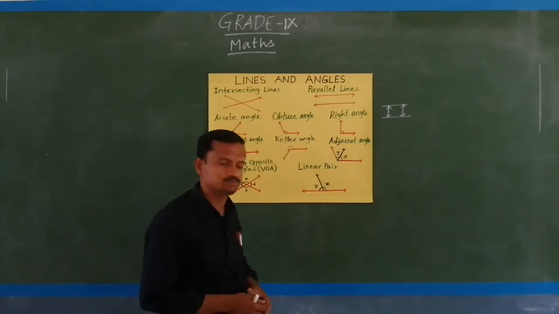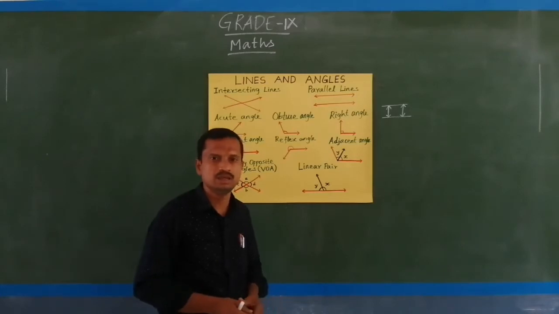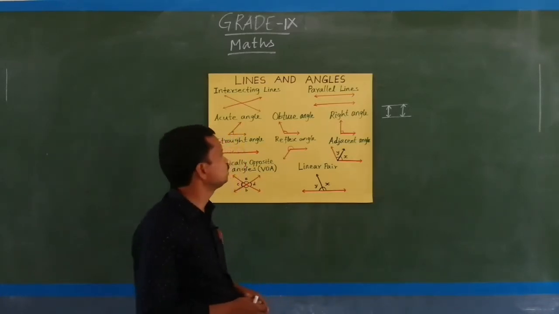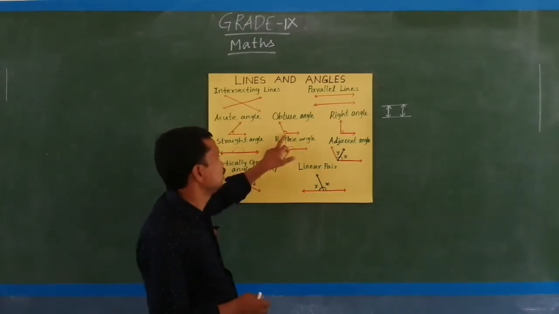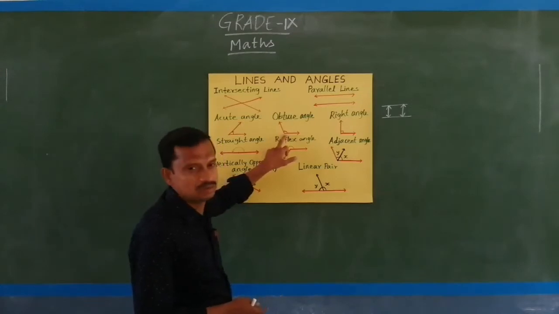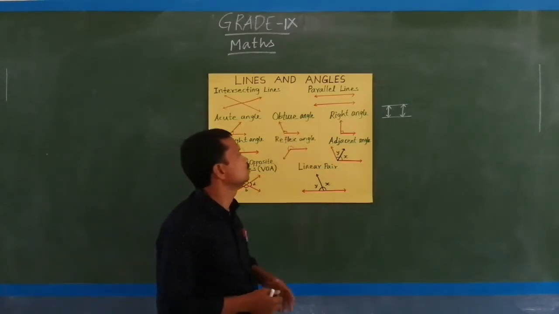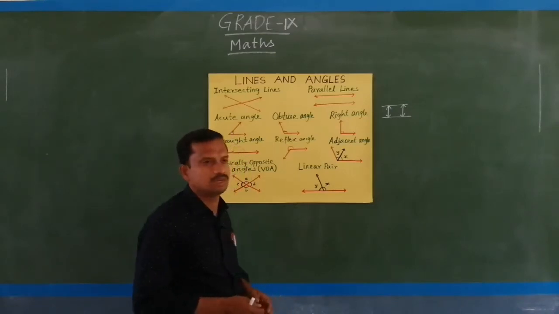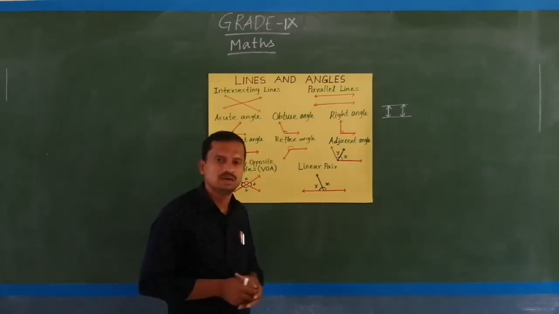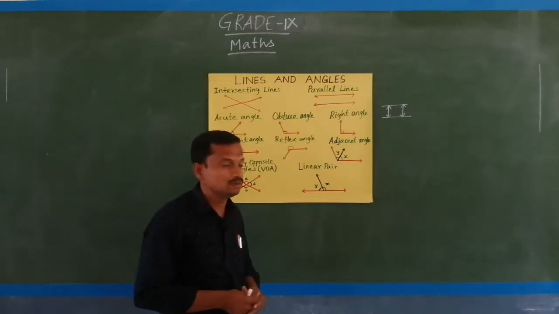Obtuse means more than 90 degrees and below 180 degrees. I gave an example picture here with two rays. A right angle is exactly 90 degrees.